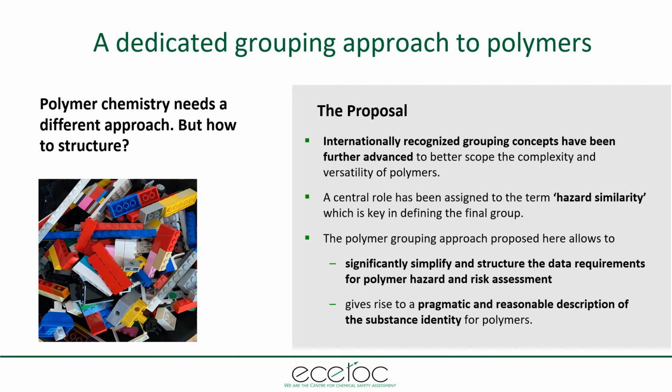Coming from a building block nature of chemistry and polymer chemistry, we need a dedicated grouping approach to polymers. So polymer chemistry is a little bit different. So it needs a different approach.